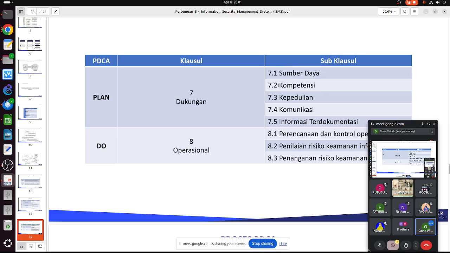Same thing with competence. For example, a friend from the Ministry of PANRB, government human resource, something like that.